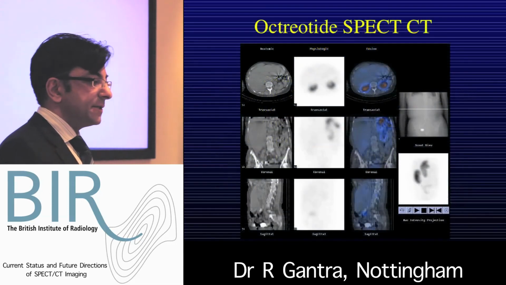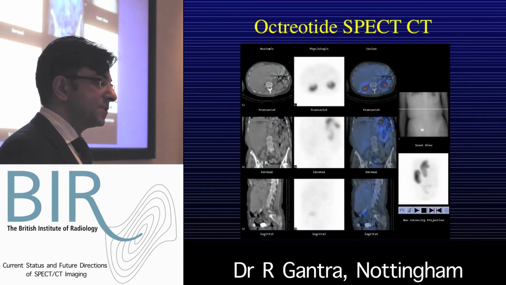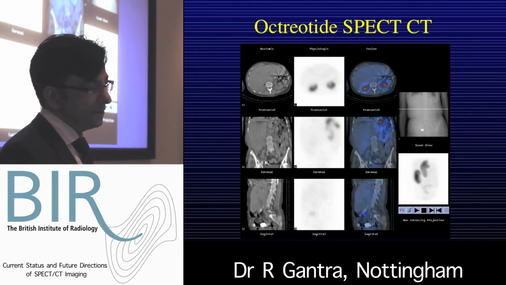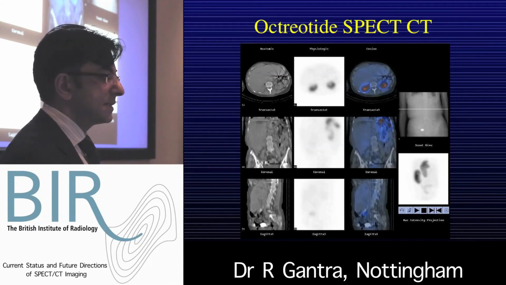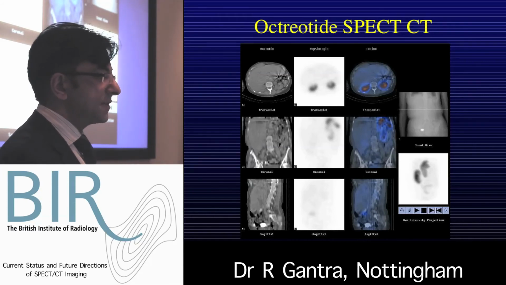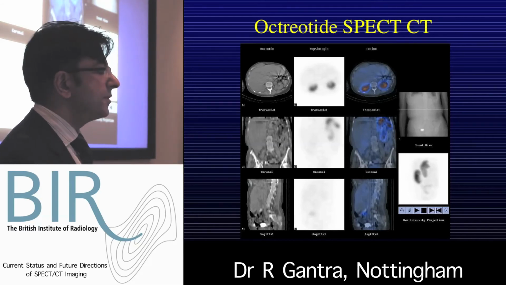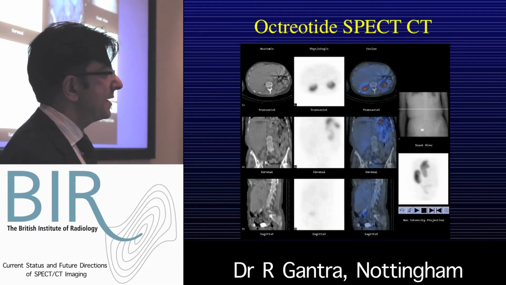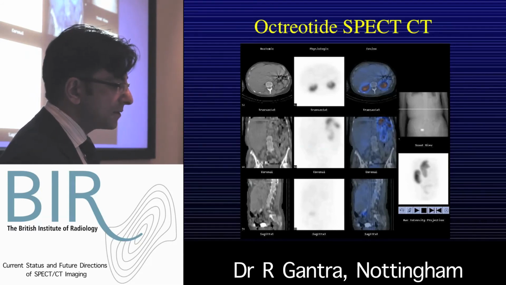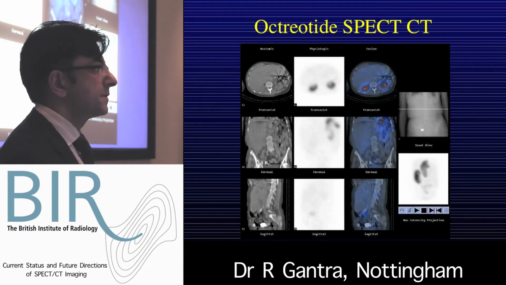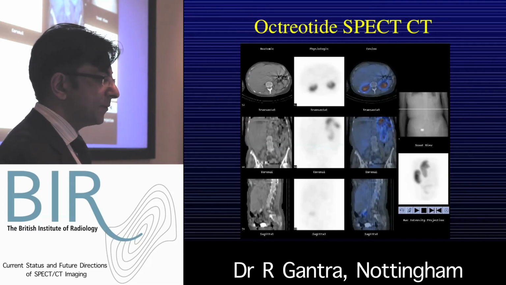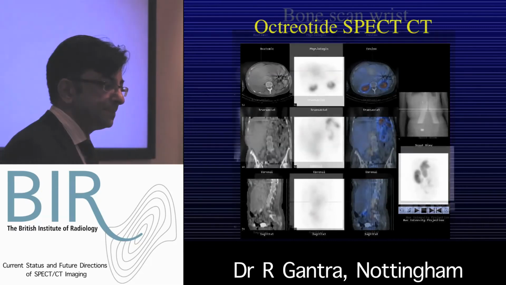So let's look at a couple of images. This is one of the first images we acquired in early 2002, 2003. You can see we've got reasonable quality SPECT, reasonable CT, but this was one of the issues with those early CT machines: when you try and reconstruct in different planes, the slice thickness was so great that the reconstruction really was almost meaningless. And then you had this, which is motion artifact from bowel movement, because the CT took such a long time to acquire.